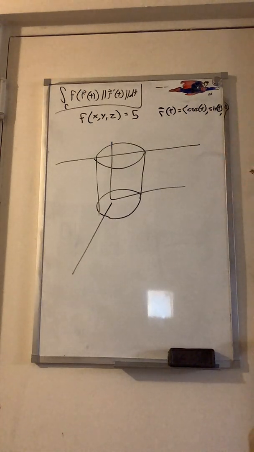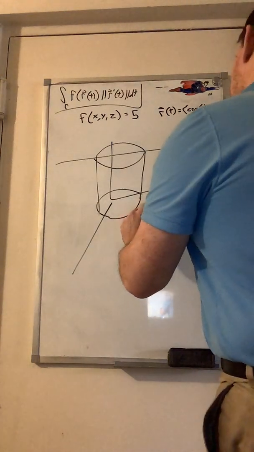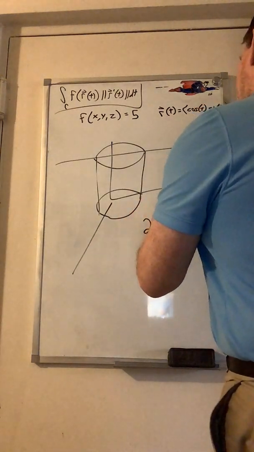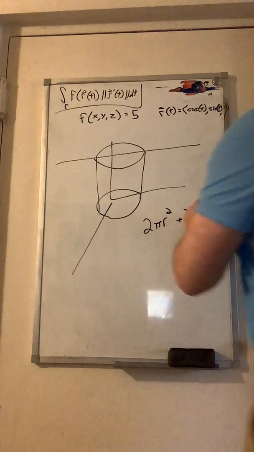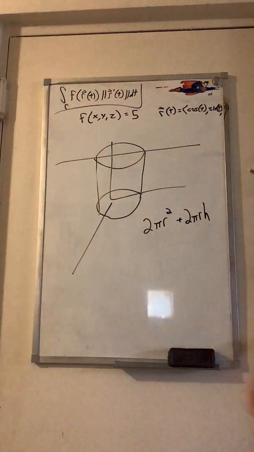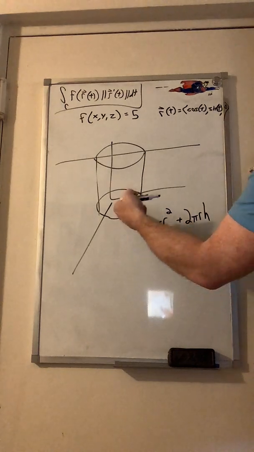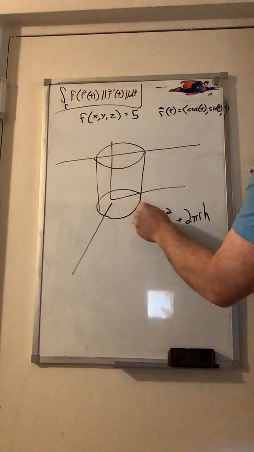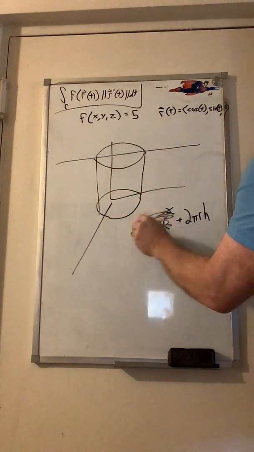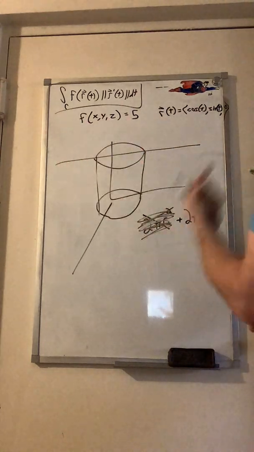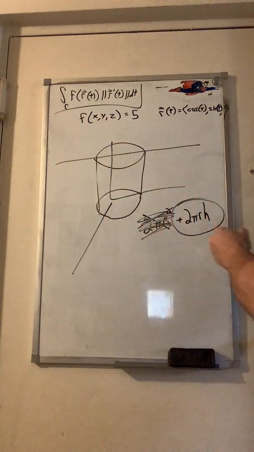We know the formula for surface area of a cylinder is 2 pi r squared plus 2 pi rh. In this case, this part right here is pi r squared. It's a circle on the bottom and the top, that's why there's 2 of them. We don't need to include that because we only want the circular part here. So that's my formula.